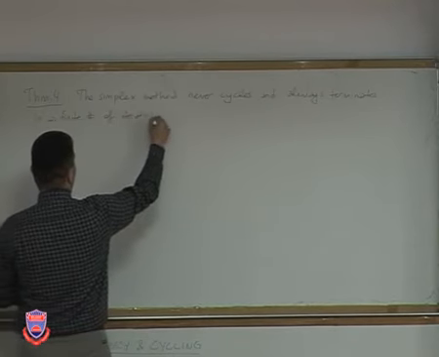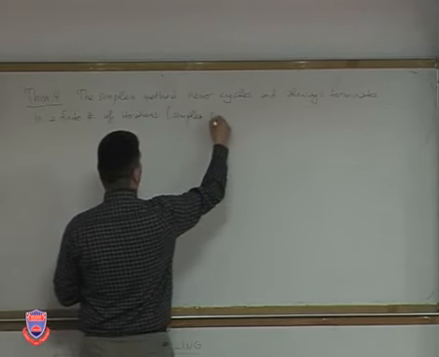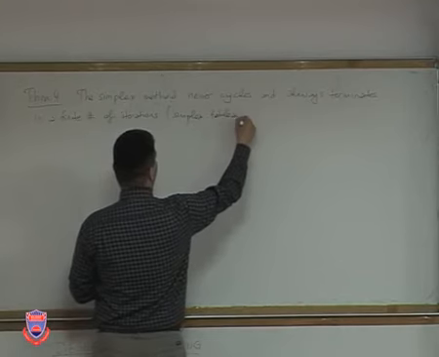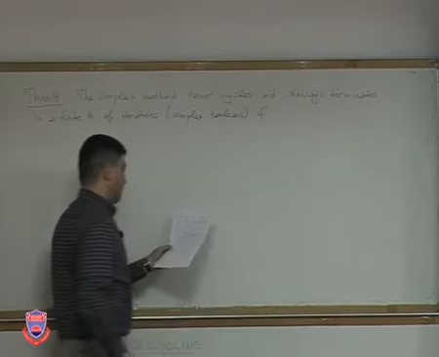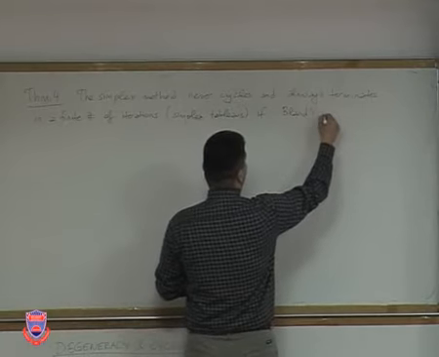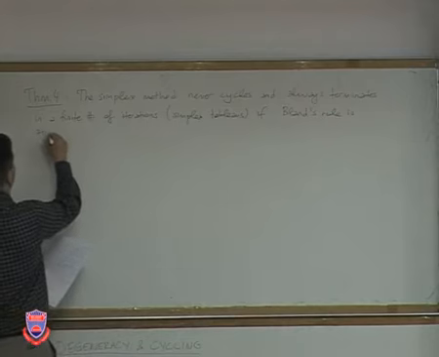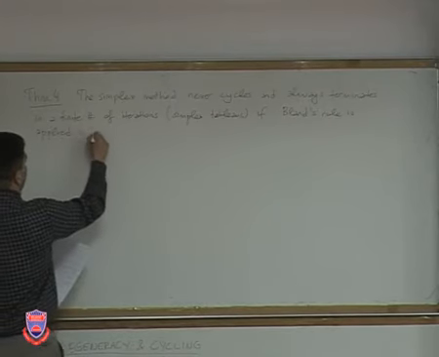And by iterations, I mean simplex tableaus, basically. If Bland's rule is applied, in the presence of degeneracy.